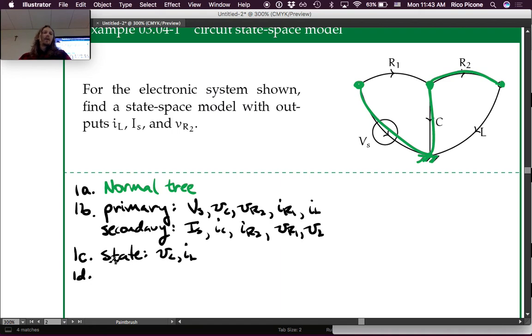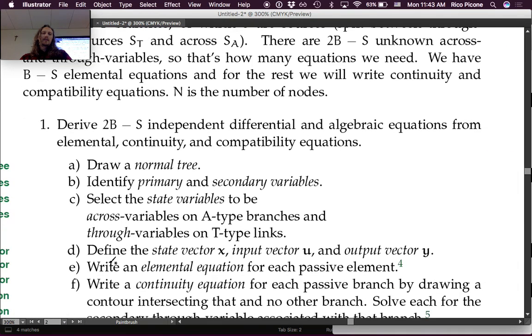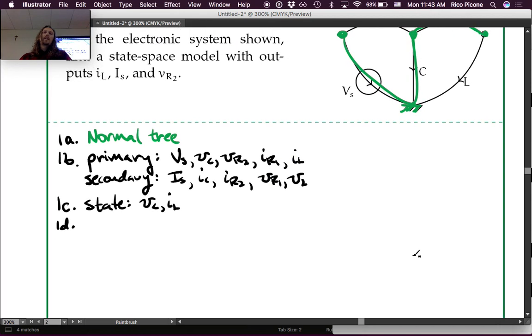Okay, 1D. Define the state vector x, input vector u, and output vector y. So the state vector is just a listing of the state variables, right? So VC, IL. Could we have chosen IL, VC?